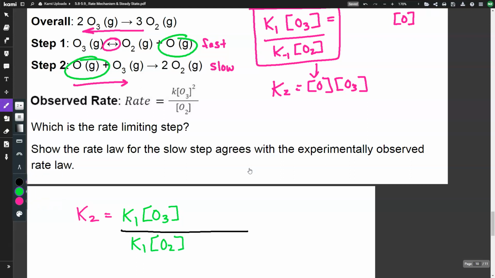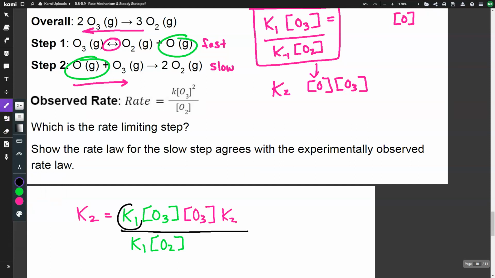That's just what we substituted in for O, and then we have O3, and this is for K2. Now, let's see how we can simplify this.